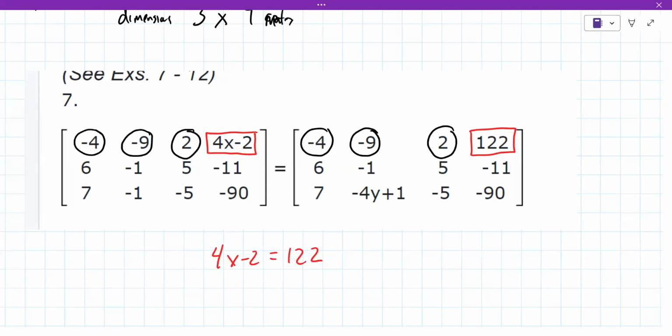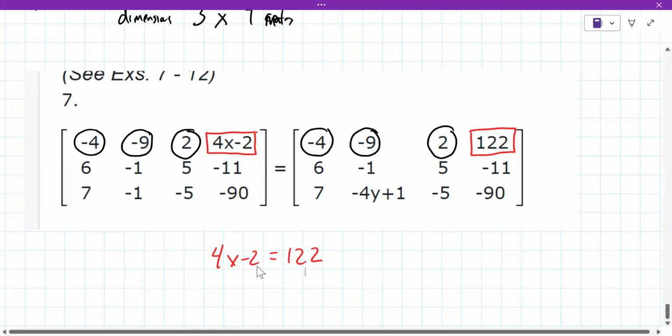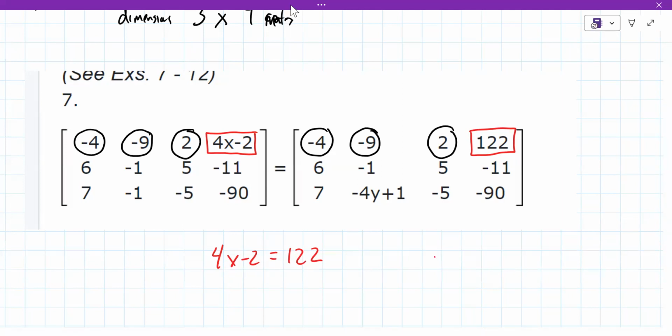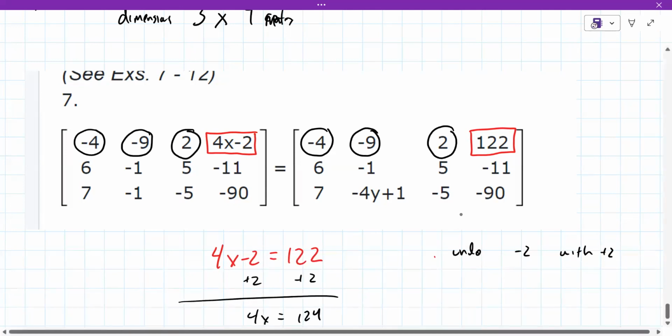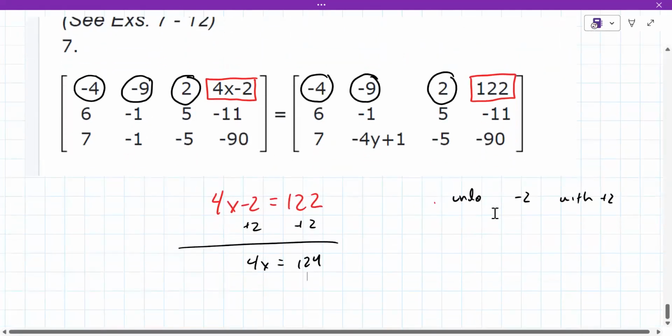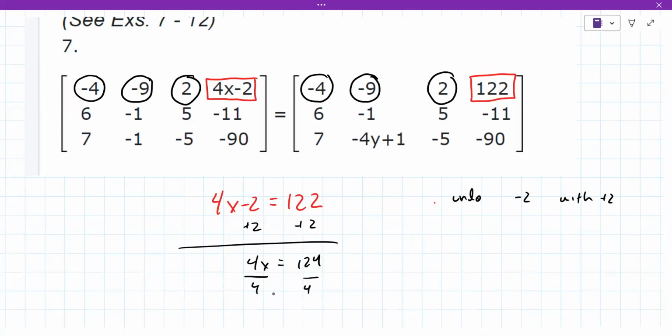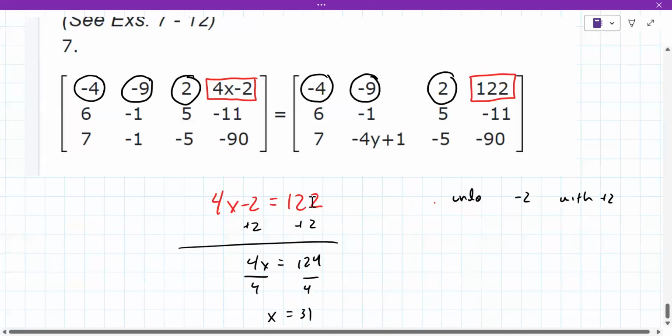So x is not 30. Try again, please. How did you undo subtraction by 2? Yes, you undo subtraction by 2 with addition by 2. So instead of it being 30, it would be 124, so it would be 31. Good. Divide by 4, x is 31. And that's what they're asking for. It does say in the instructions, find the values of x and y. So there we go. Good start here.